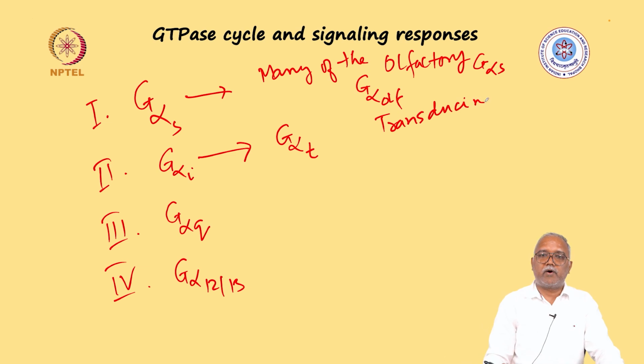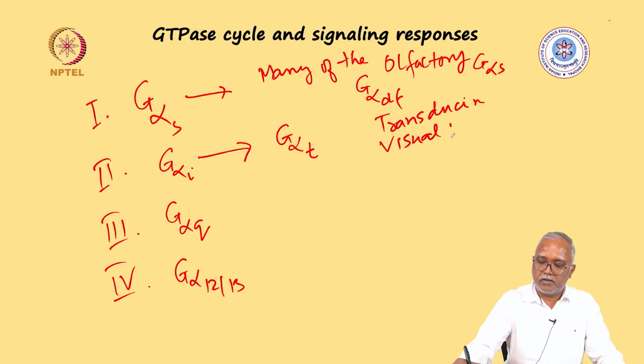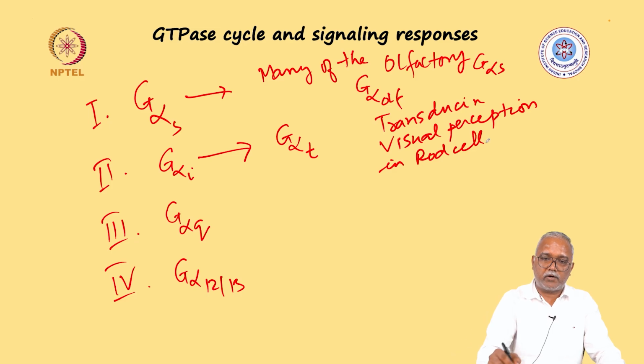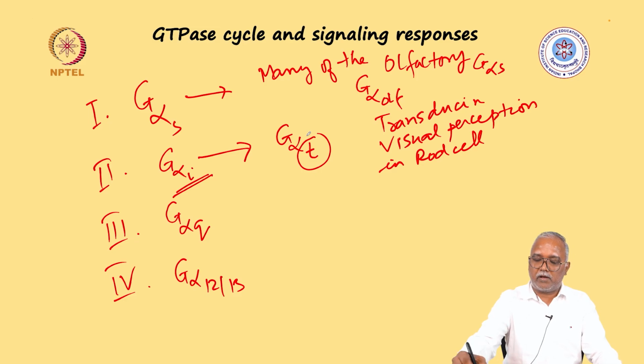One of the G-alpha which was explained in case of visual perception in rod cells works by reducing the cyclic nucleotide level, and that is why it is in the broader class of G-alpha-I, but just because it was identified with visual perception along with this molecule transducin, this is called G-alpha-T.